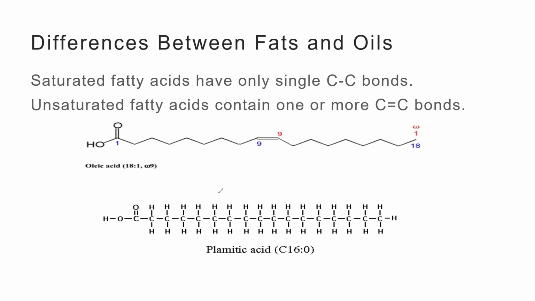You see that oleic acid has a double bond somewhere here. Now that double bond means that oleic acid is unsaturated. But if you look at palmitic acid, this one is showing the full structure, showing all the bonds and all the atoms. You see that there is no double bond anywhere. So palmitic acid is saturated.